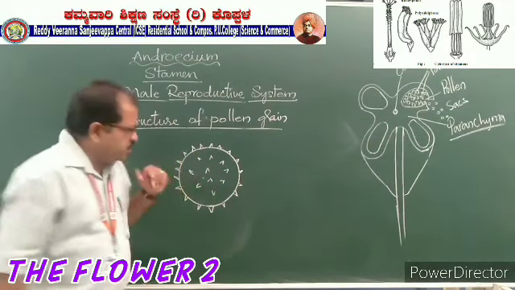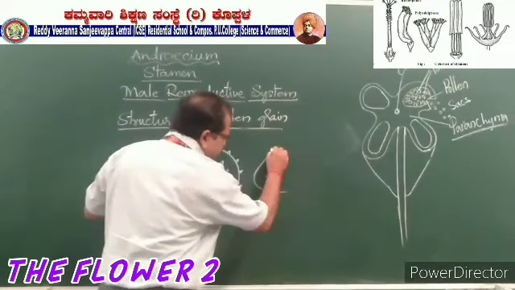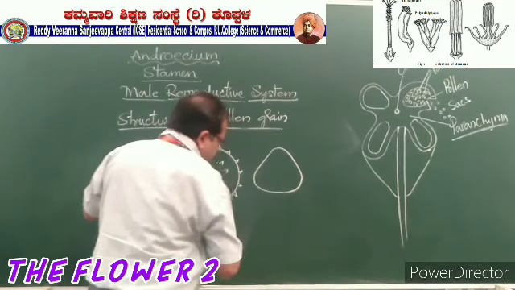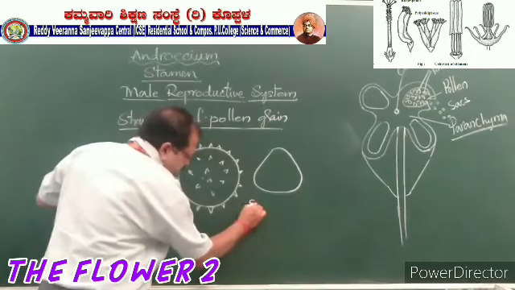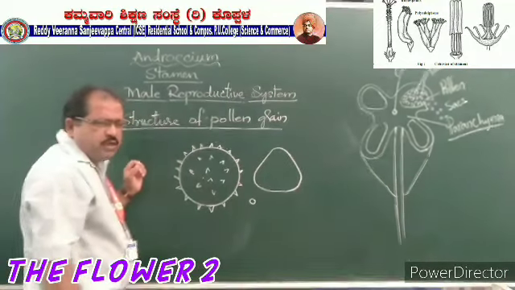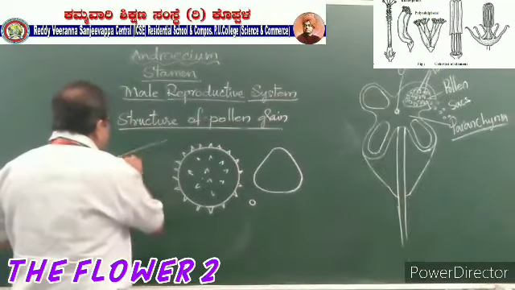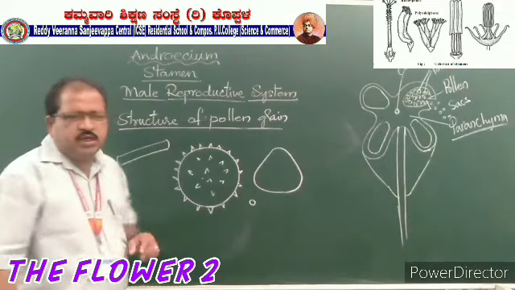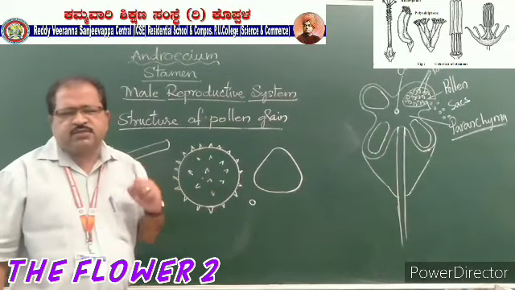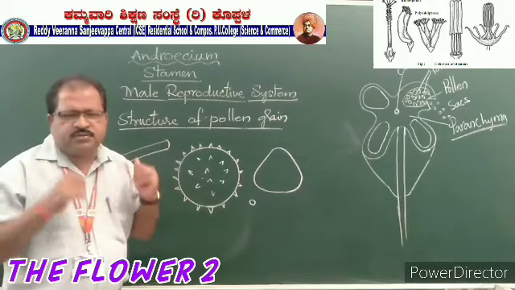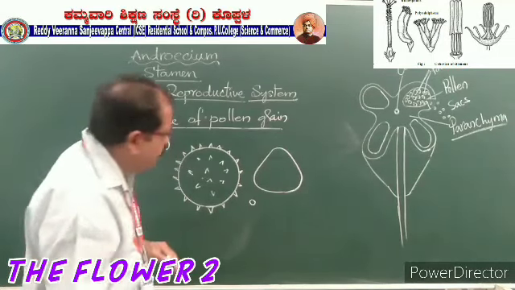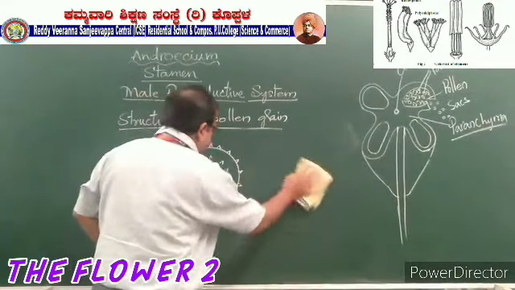Some are triangular, some are very small and spherical, and some are rod-like. These are the different shapes of pollen grains. But whatever the shape, the structure of the pollen grain is like this.